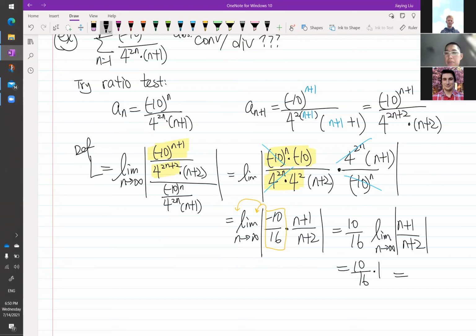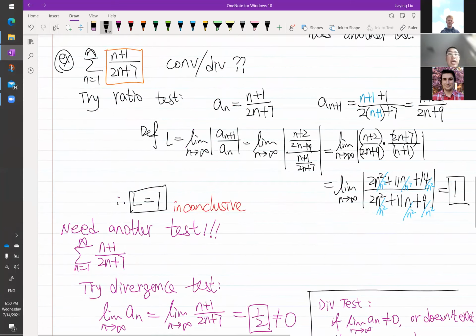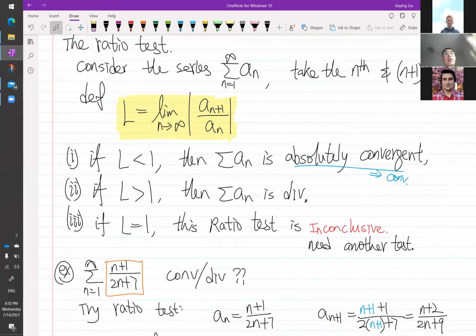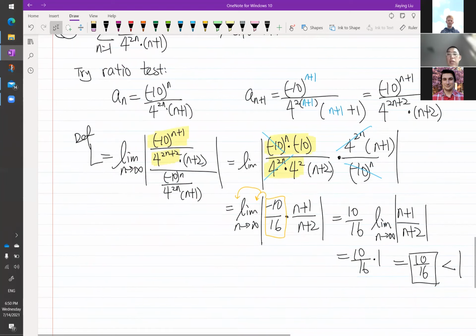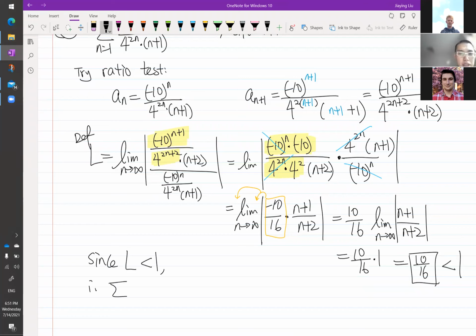And then this will become just 10 over 16, which is a number that's less than 1. Remember, for the ratio test, we compare the L with 1, and we find out that it's less than 1. So since the L we're looking for is less than 1, therefore the given series is absolutely convergent.